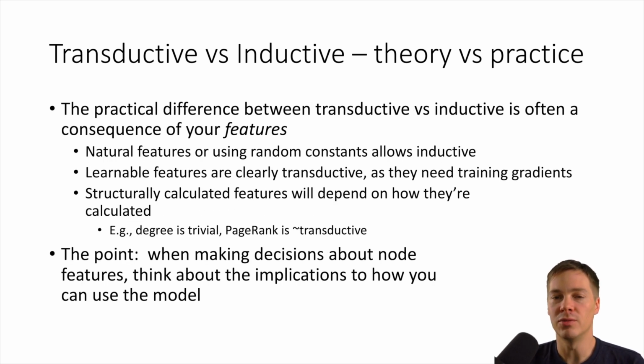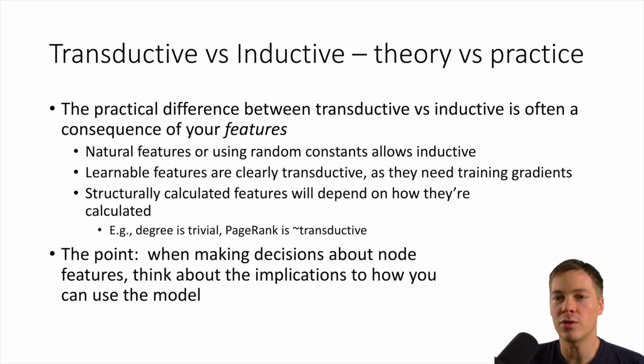In my experience, the real difference that determines whether your model is transductive or inductive is a consequence of your features. If you have natural features or you use something like random constants, that can allow your model to be inductive. Whereas if you have learnable features, that clearly puts you in the transductive case, as you're going to require training gradients to get your learnable features.